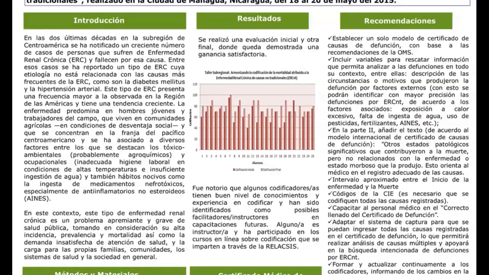coding by multiple causes, and to truly be able to see that these deaths were related with high temperatures, with the lack of drinking water, and especially fertilizers.